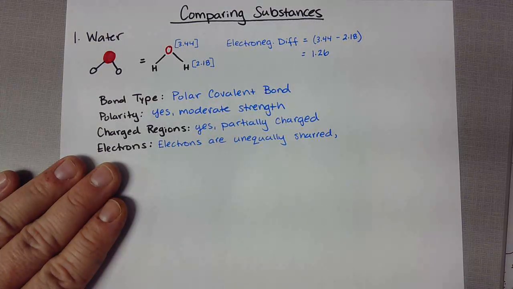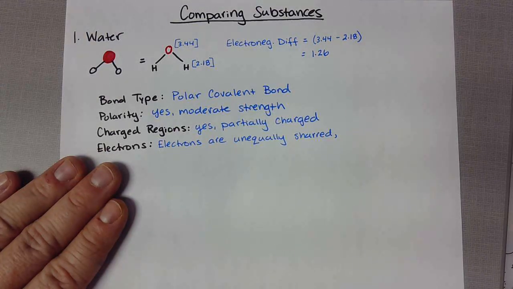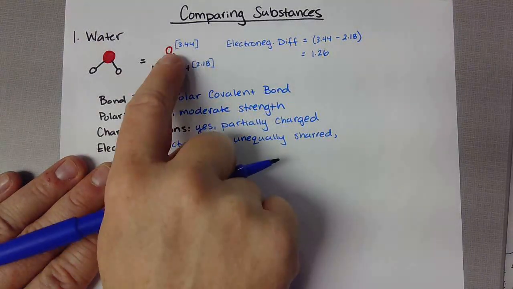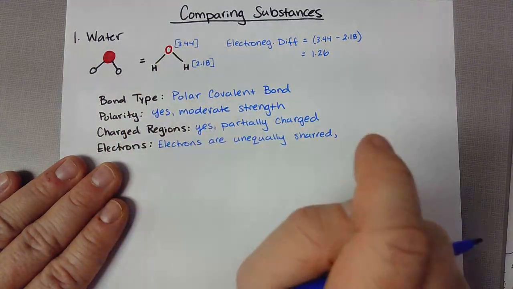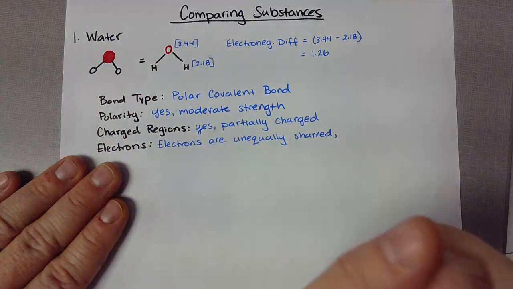So remembering what electronegativity means. Electronegativity was the tendency to keep and steal electrons. Whoever has the higher value wants electrons more. Who here has the higher value? That would be oxygen. So where are the electrons going to be?